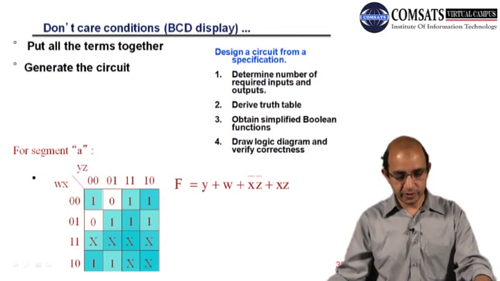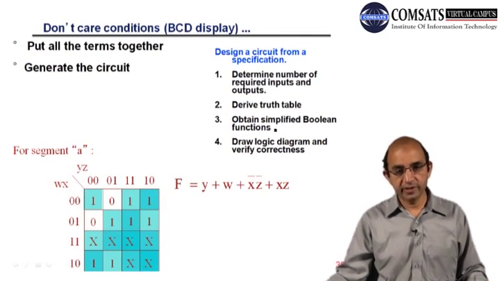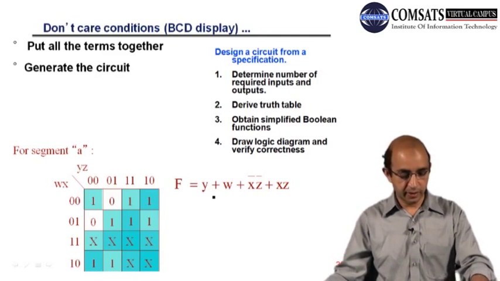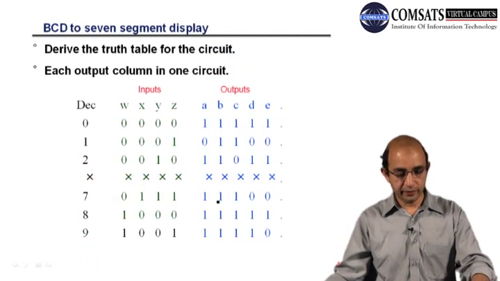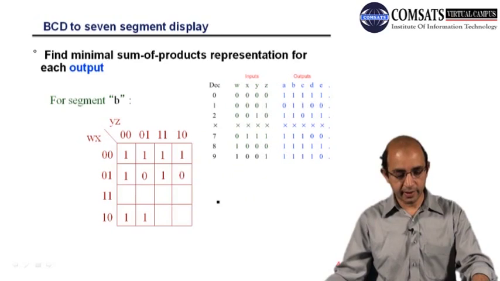This is the final expression. After the simplification, we will write down the final and simplified Boolean expression, and after that we can have the circuit diagram.